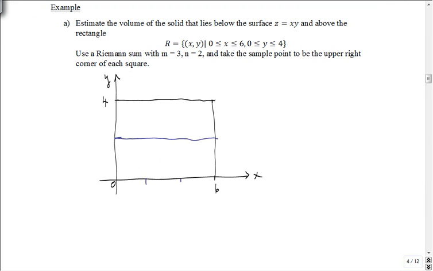So you have some subrectangles, like that. So therefore this is now 2, this is 2, 4.